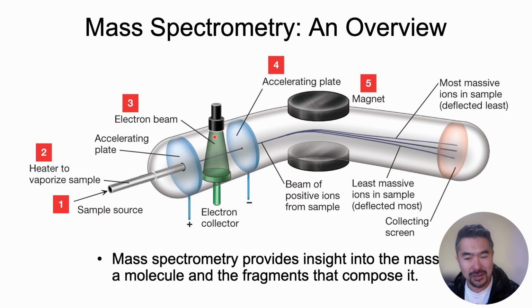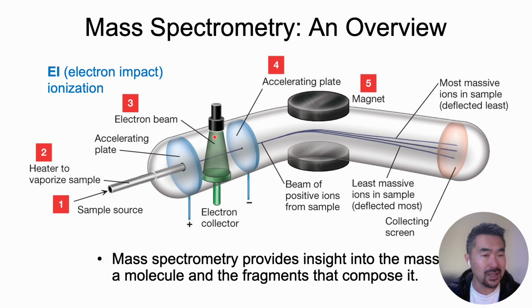Because the electrons are negatively charged, you will bump off likewise negatively charged electrons in your sample molecule, and that makes it ionized. Specifically, it gets positively charged because an electron gets knocked out by the impact of an electron. Hence this type of ionization mode is called electron impact ionization, or EI.